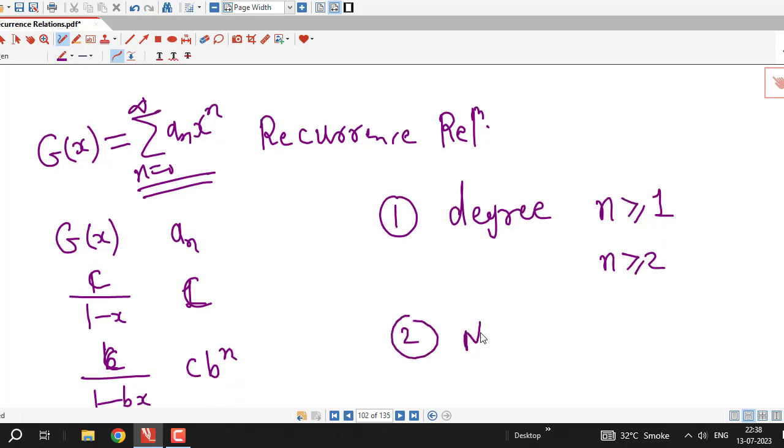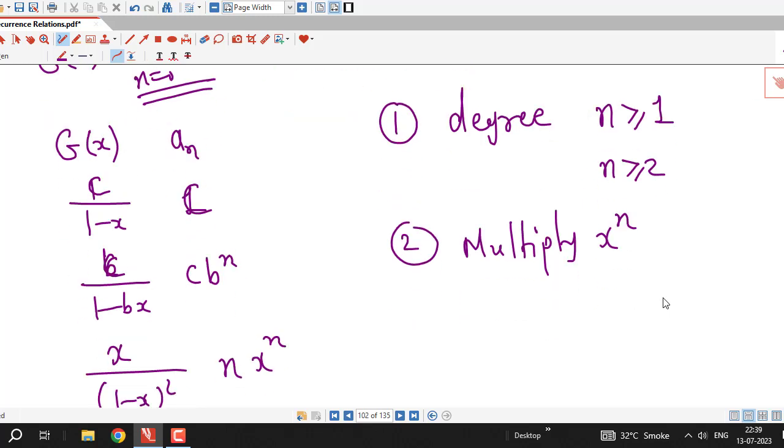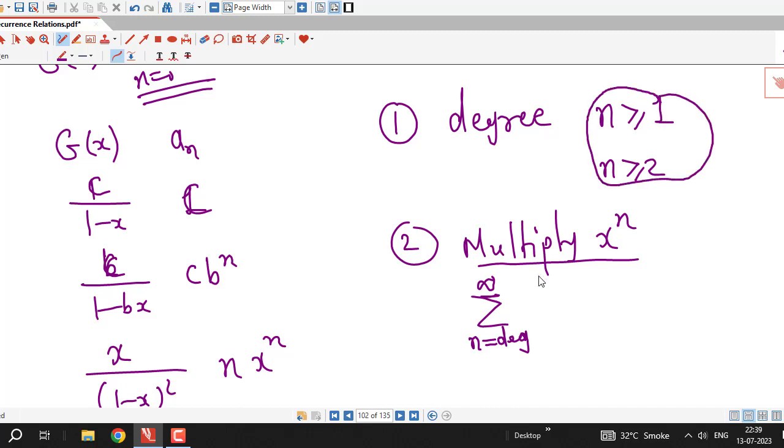In the next step, multiply the given recurrence relation by x to the power n, and then take sigma for each term in the recurrence relation, and the range of sigma is nothing but n equal to the degree of recurrence relation to infinity. Therefore, you must be able to decide the degree of recurrence relation.